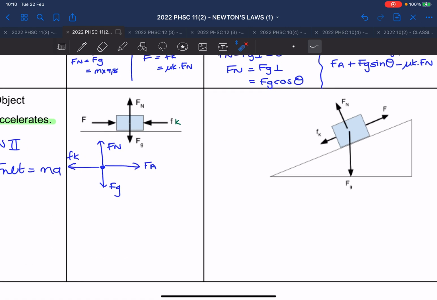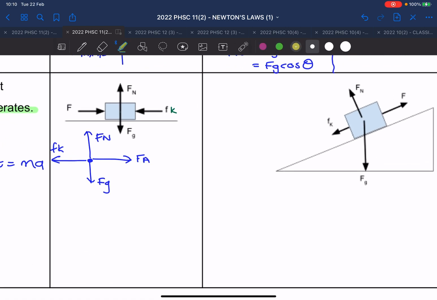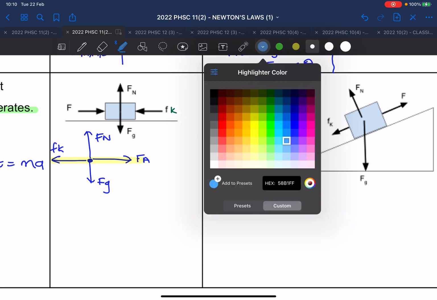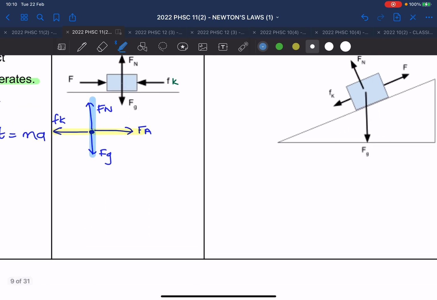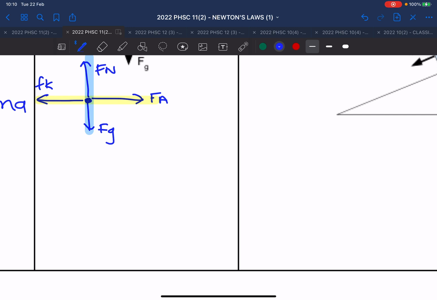Okay, then we highlight our forces. I have my horizontal forces, and then I have my vertical forces.